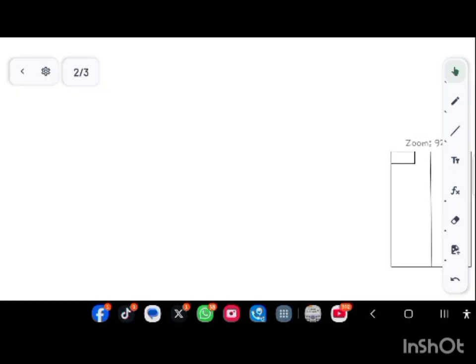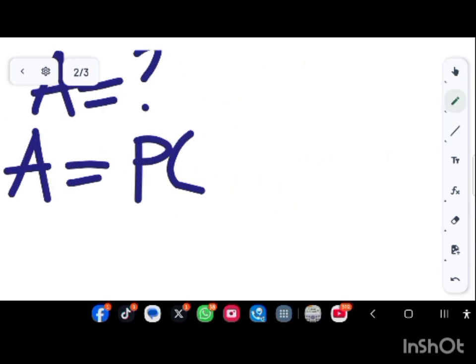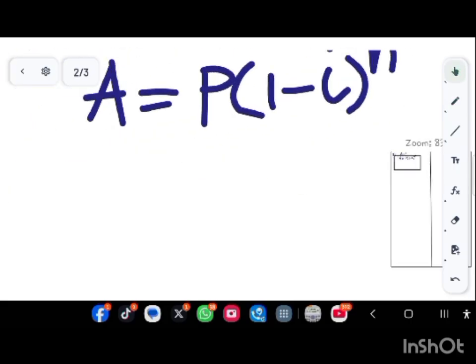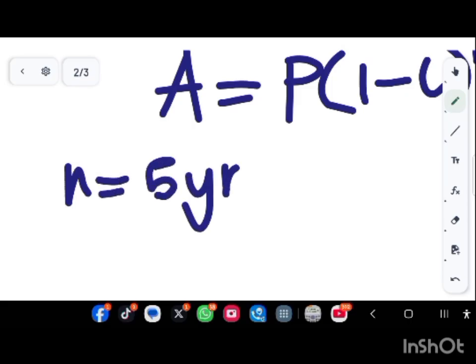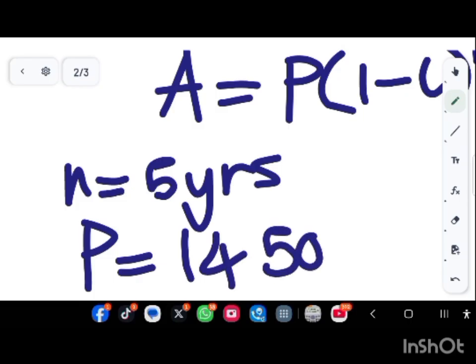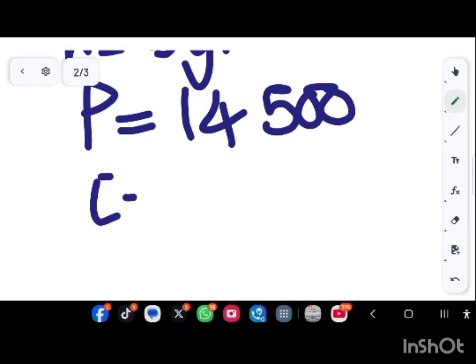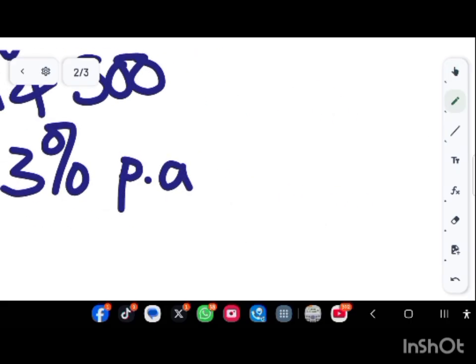8.1. So we're calculating the final amount. The equation that we'll be using, the reducing balance method, is a compound depreciation equation. N equals 5 years, right? The initial amount is 14,500 and the interest rate is 13% per annum, which is translated to 0.13.